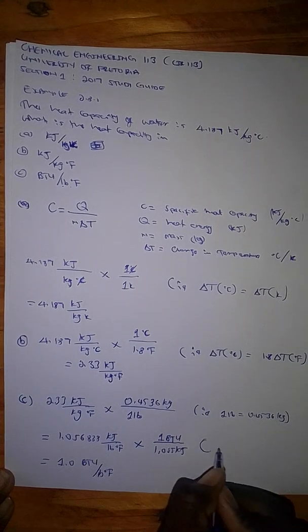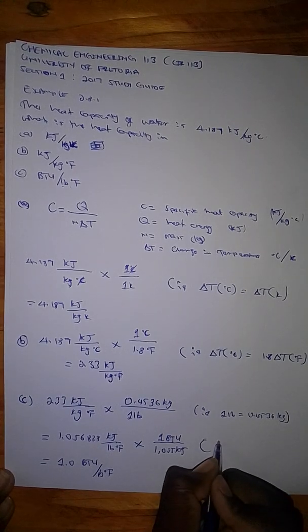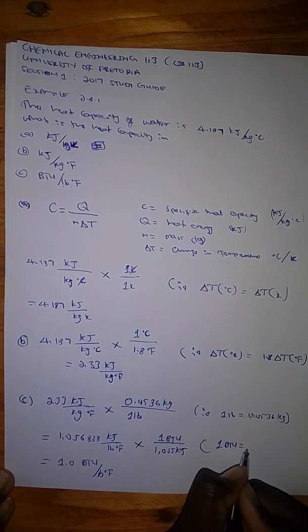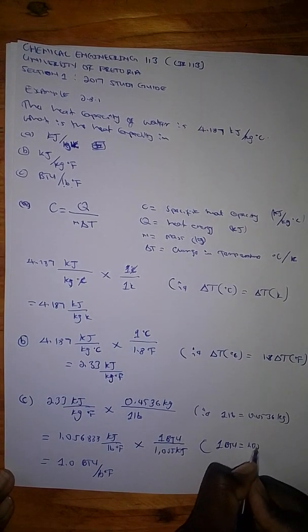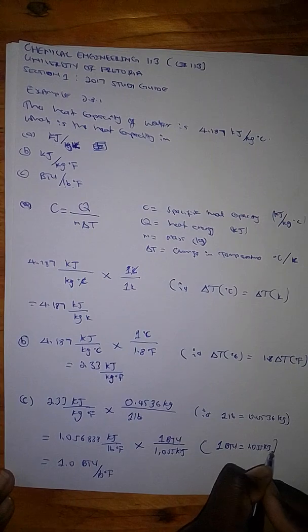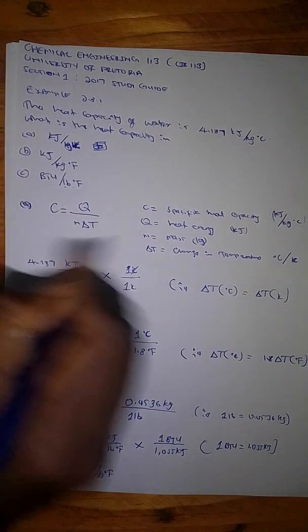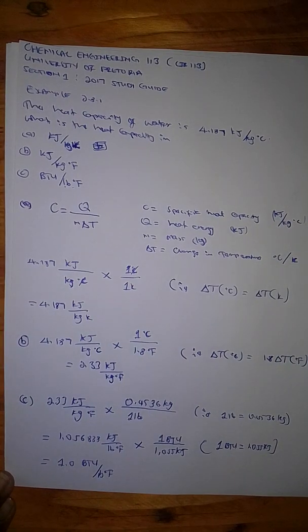In brackets, I just need to highlight that 1 BTU equals 1.055 kilojoules. So that is basically how to answer this question. We've answered it in A, B, and C.